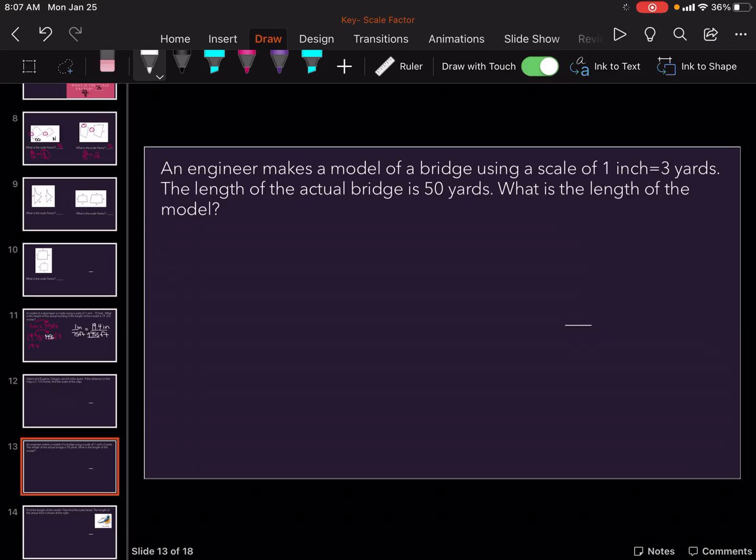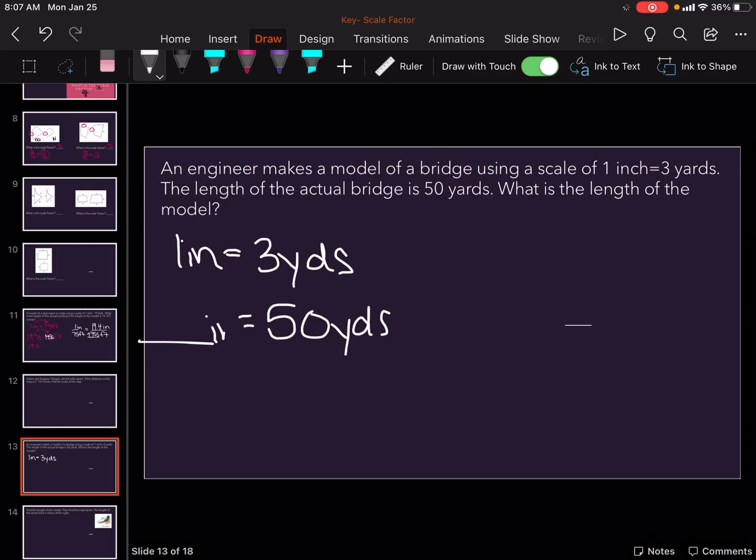The engineer found the model for the bridge is 1 inch equals 3 yards. We want to know how many inches it would be for 50 yards. You can see that new over original is going to be 1/3 of the amount. So you can do 50 divided by 3, or times 1/3, which is 16 2/3.